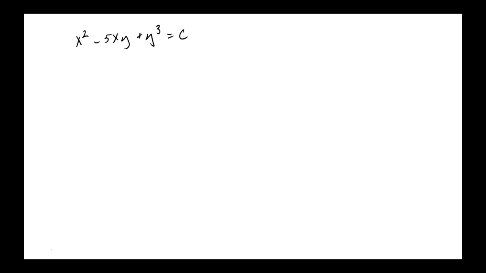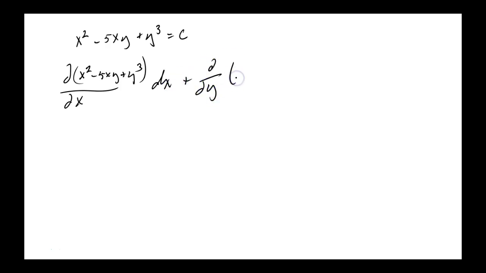So what we want to do is the partial of x squared minus 5xy plus y cubed with respect to x dx, plus the partial with respect to y of x squared minus 5xy plus y cubed is equal to, and the derivative of c is 0.